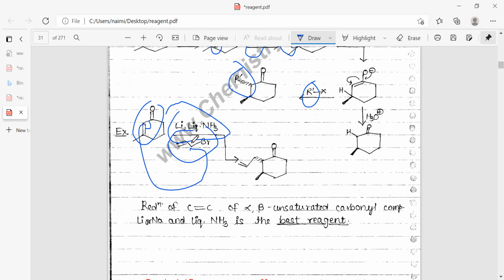This is the p orbital, and here bromine will act as a leaving group. That's why this product will be formed. Always remember this one is always on the wedge, and the remaining will be on the dash side.